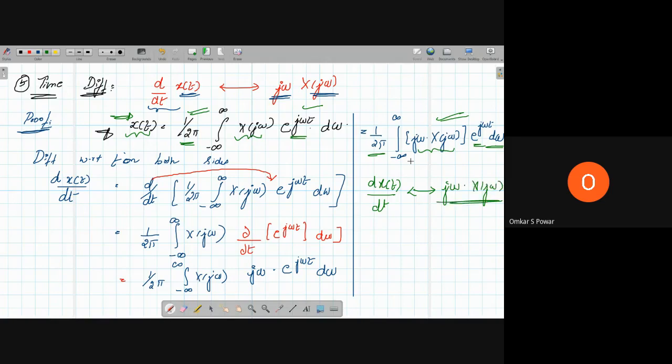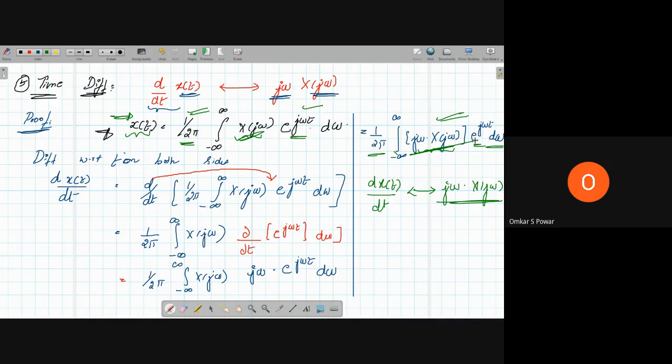Okay, so this is how you prove that. You have to compare and get the answer, because here it was X(jω), here it is jω into X(jω). So this is how you prove things.